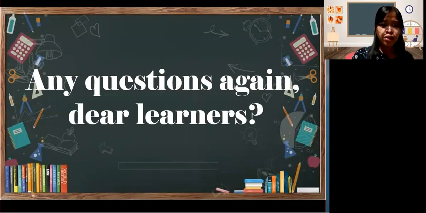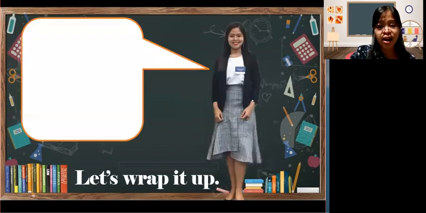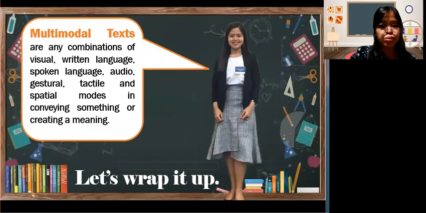So before we end, do you have any questions or clarifications, dear learners? If none, let's wrap it up. So today, we talked about multimodal text. These are any combinations of visual, written language, spoken language, audio, gestural, tactile, and spatial modes in conveying something or creating a meaning.